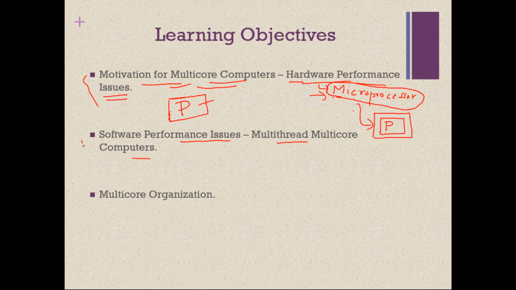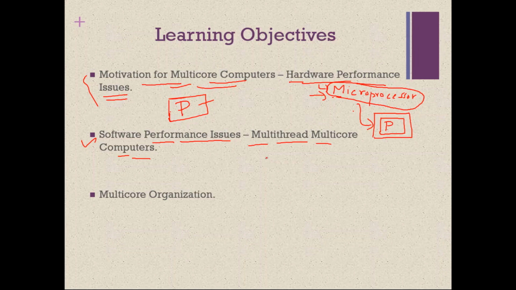The second topic is, when you are using multi-core computers, there will be some software performance issues. Why? Because generally all software is designed for single core computers.